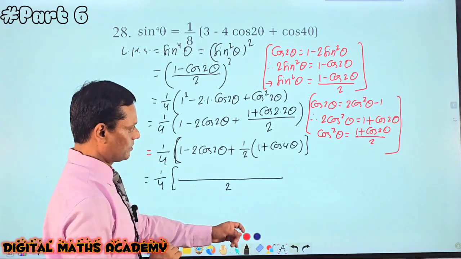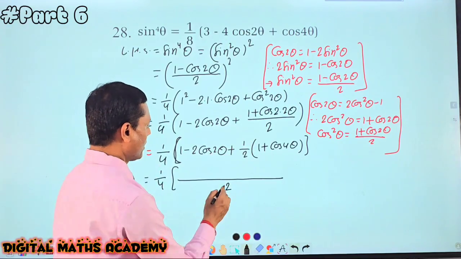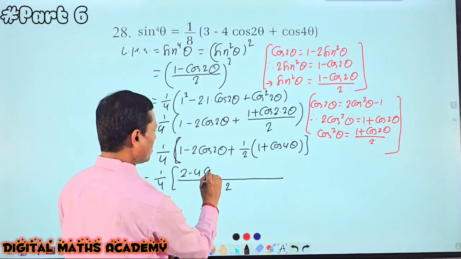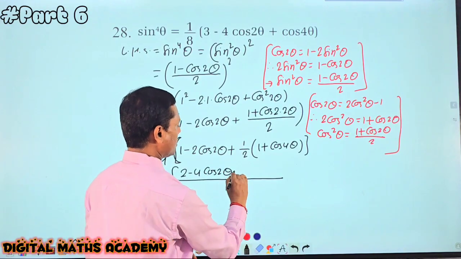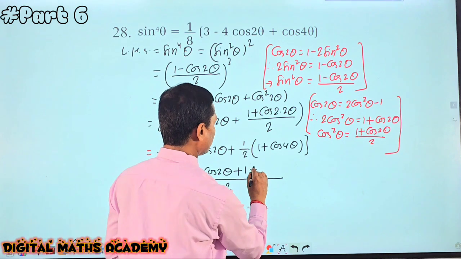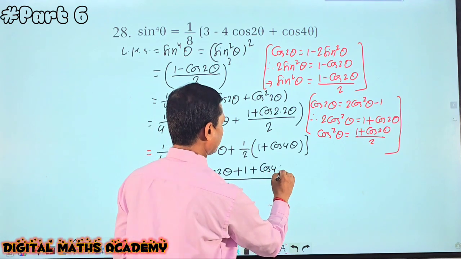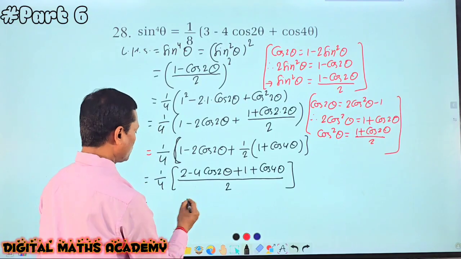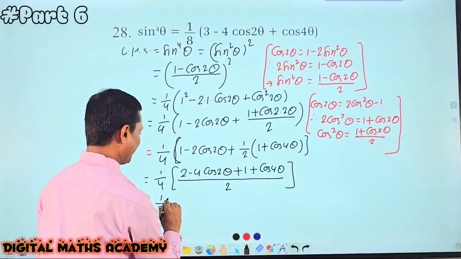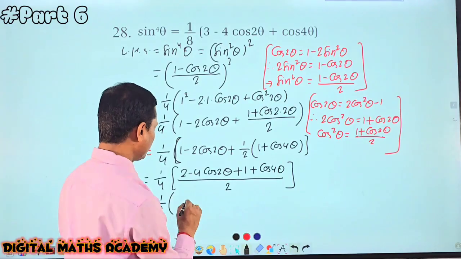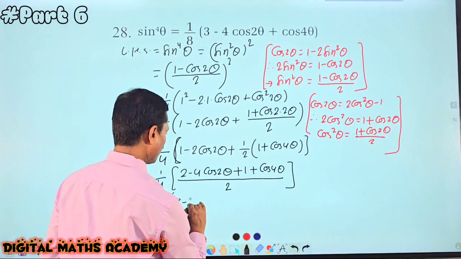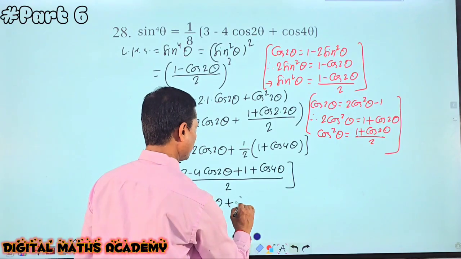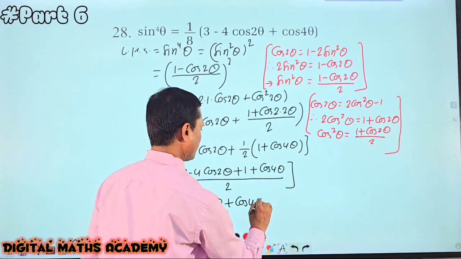Here we can take 2 as LCM, and it becomes 2 minus 4 cos 2 theta plus 1 into 1 is 1 plus cos 4 theta. And after that 4 times 2 is 8, so we can write 1 by 8, and here 2 plus 1 is 3, minus 4 cos 2 theta plus cos 4 theta.